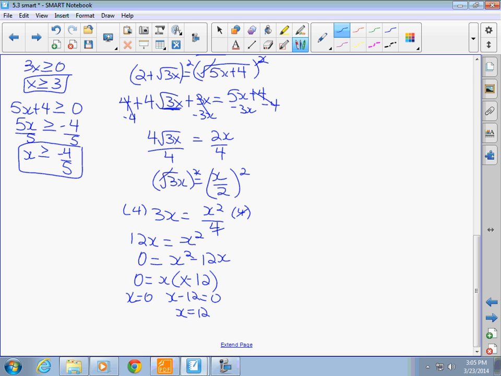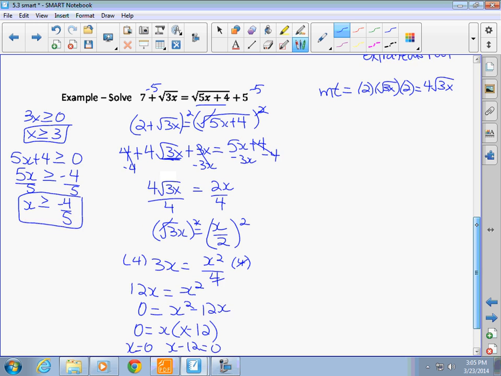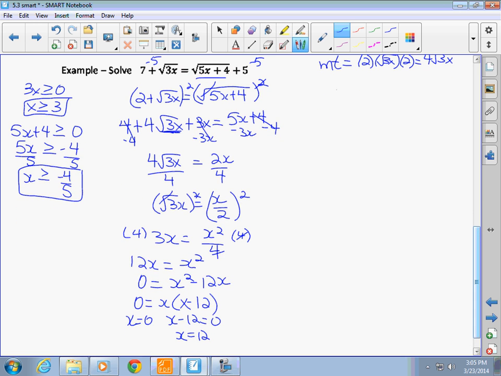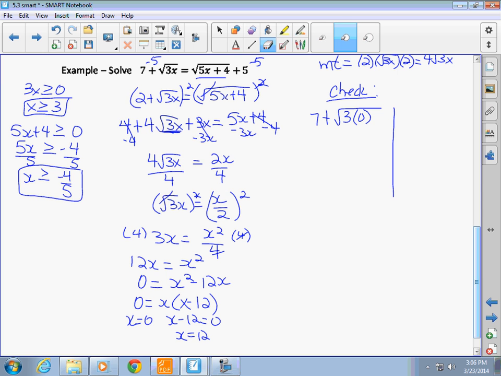So that means I have to try it in my extraneous roots check. 7 plus square root of 3 times 0 on my left side, and my right side is square root of 5 times 0 plus 4, plus 5.